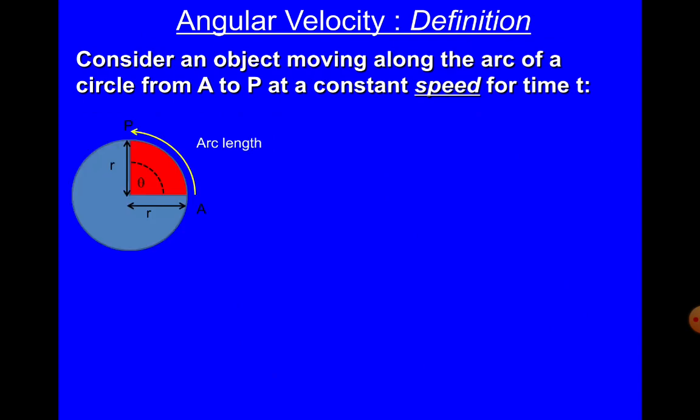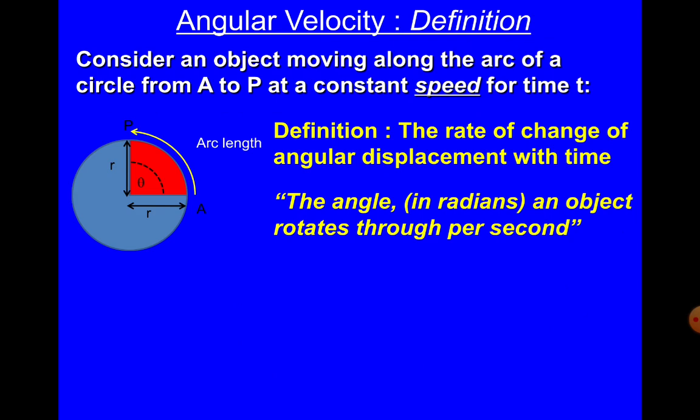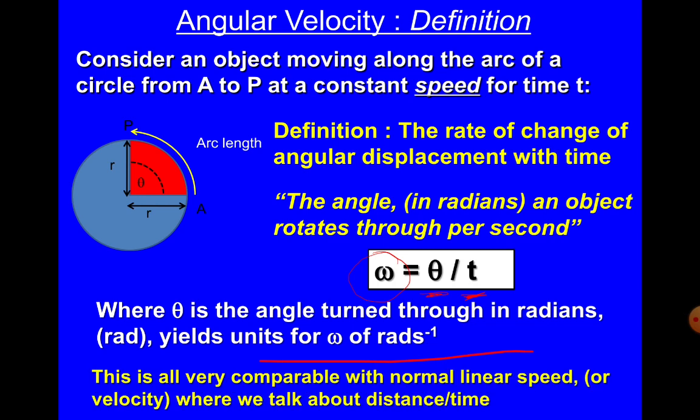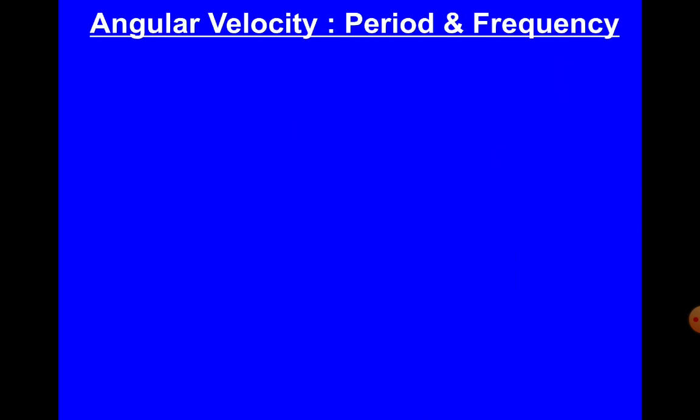For the time t, the rate of change of the angular displacement with time, where we have the angle in radians, gives our definition: the angular speed is the angular displacement in a given amount of time, where the angle is the angle turned through in radians, yielding the units of rad per second. This is all comparable with the linear speed as we discussed before.